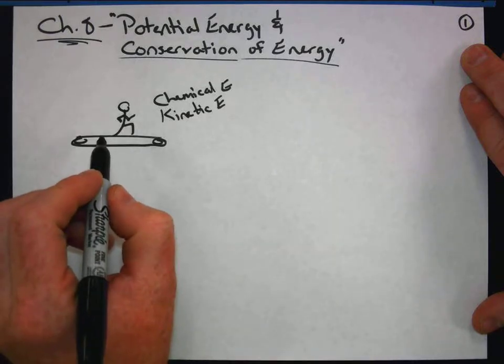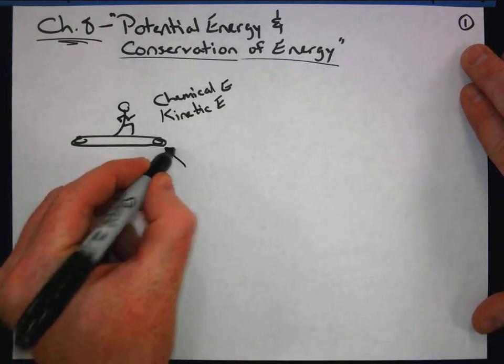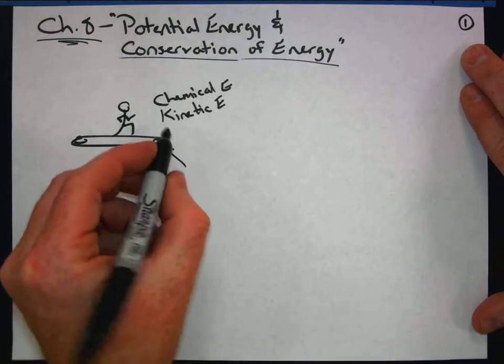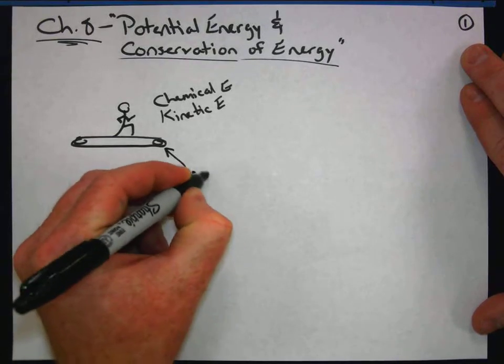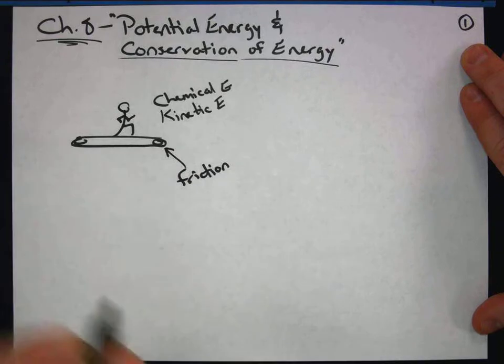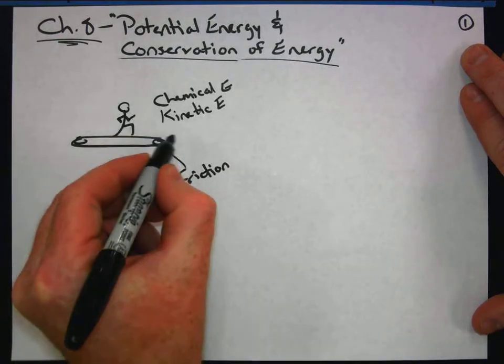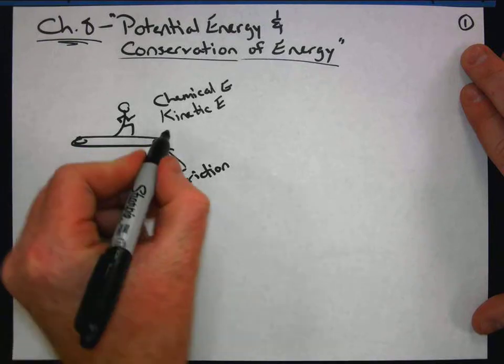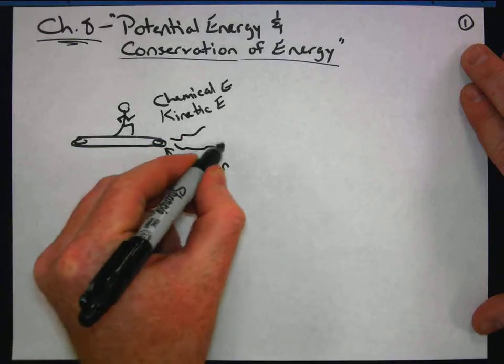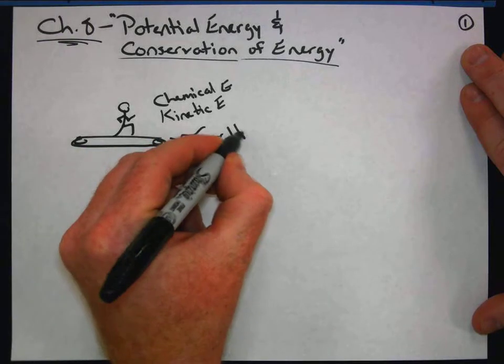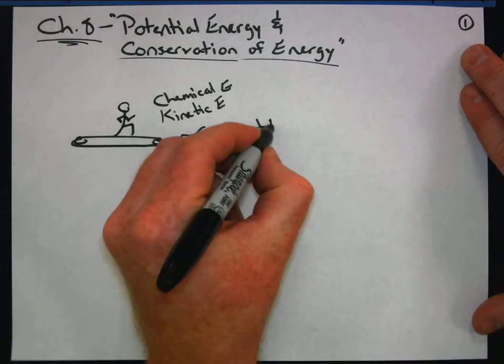But you know what's going to happen. Somewhere in here, there's going to be a bad bearing and there's going to be some friction. Now, what the friction is going to end up doing is taking some of that kinetic energy and converting it into heat energy, or thermal energy if you like.